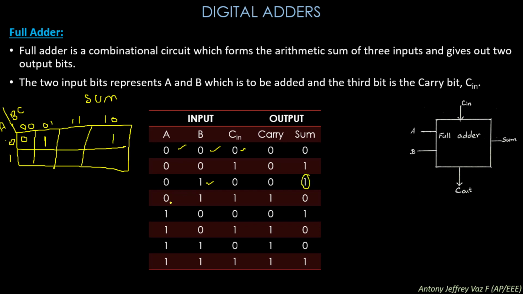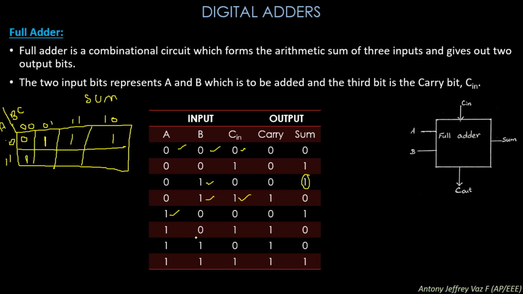For the next stage you can see b and c is 1 over here and a is 0, so this causes 1. Okay, in the next stage you can see a is 1 over here, and b and c are 0, so this causes the output 1 here.